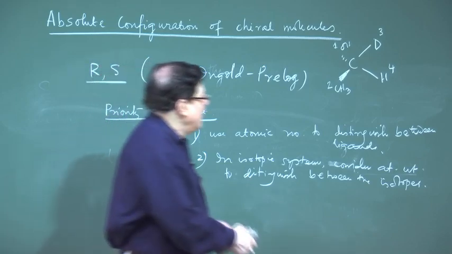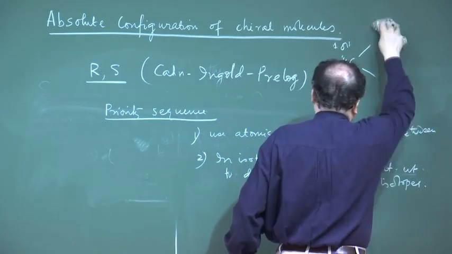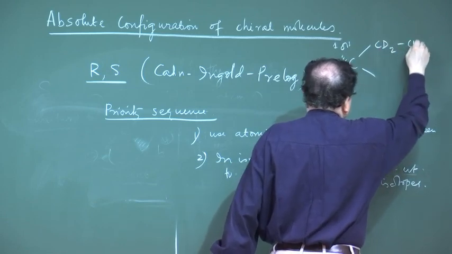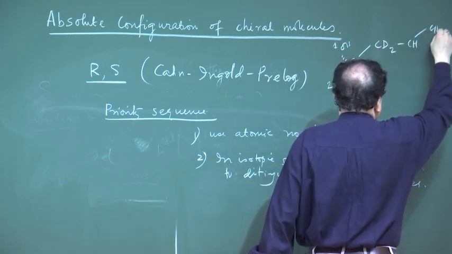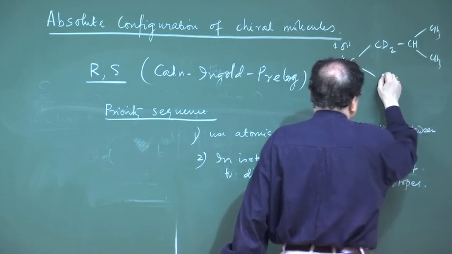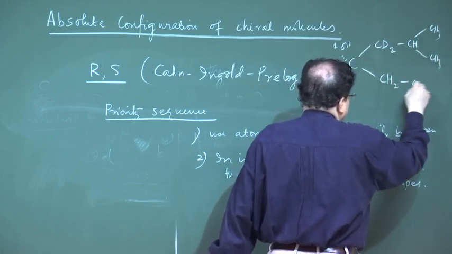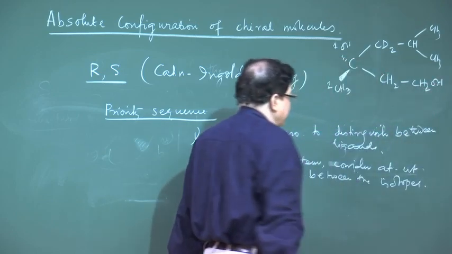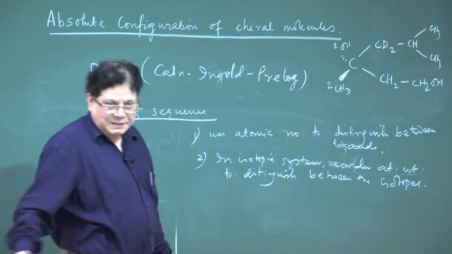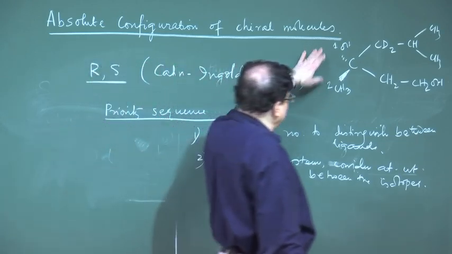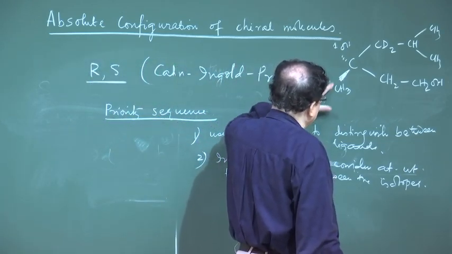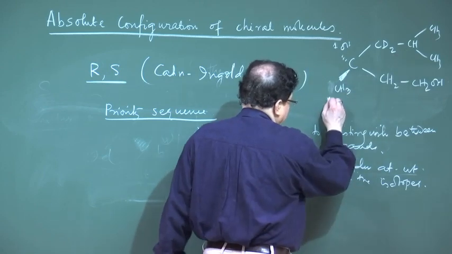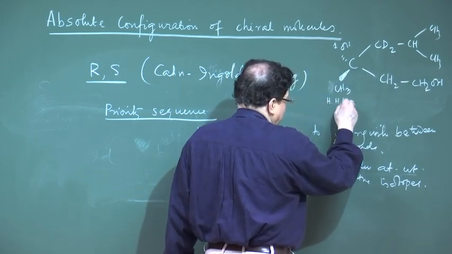Okay. Another case may happen that you have CD2, then CH, CH3, CH3, and you have CH2, CH2OH. Okay. So, in this case, this is no longer 2 methyl, because this gets higher priority over this, because that is only attached to hydrogen, hydrogen, hydrogen, no substitution.